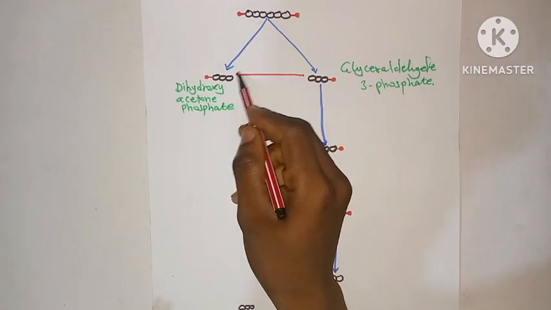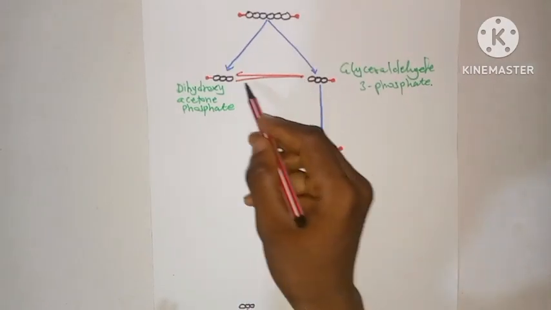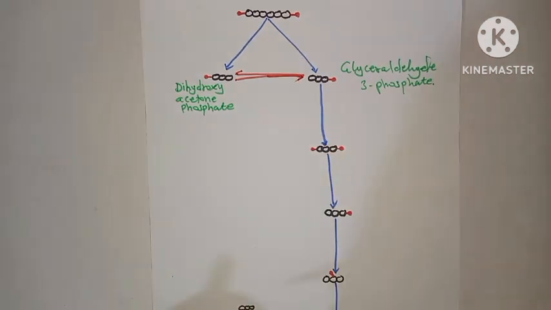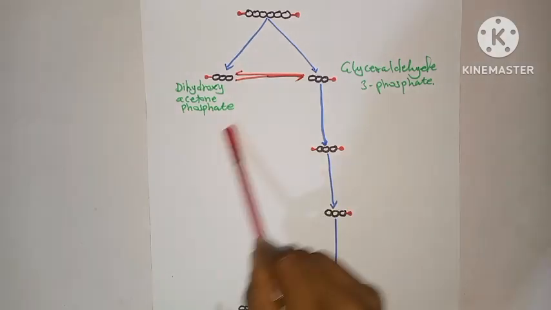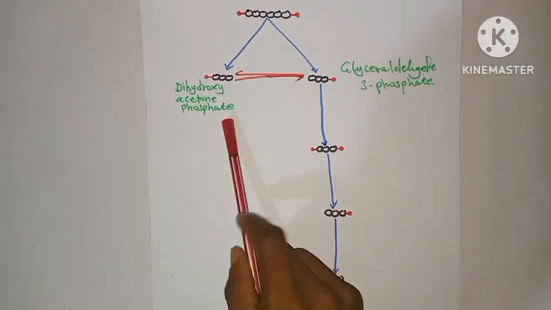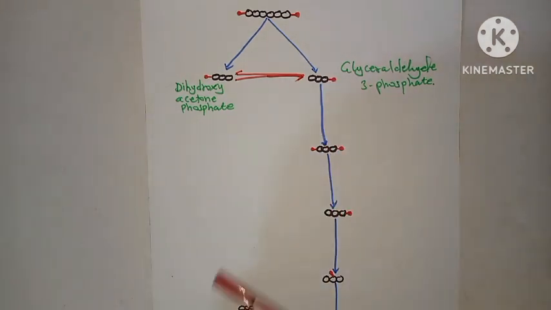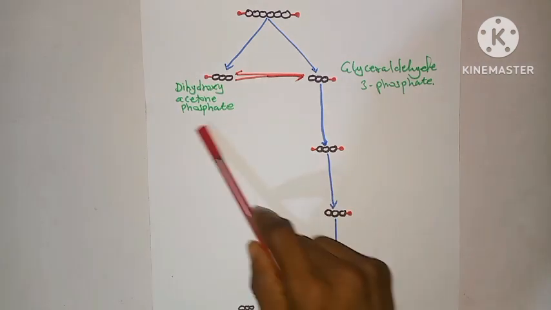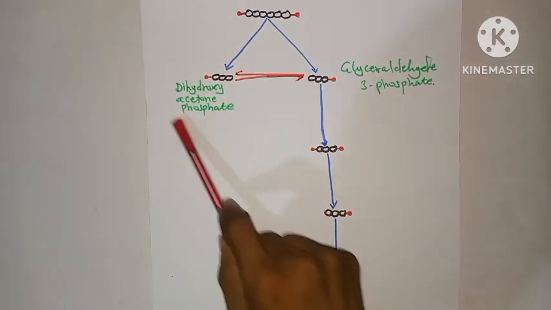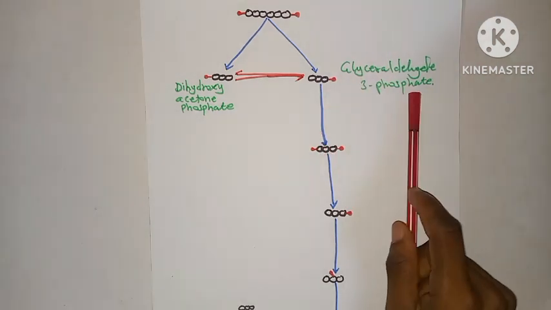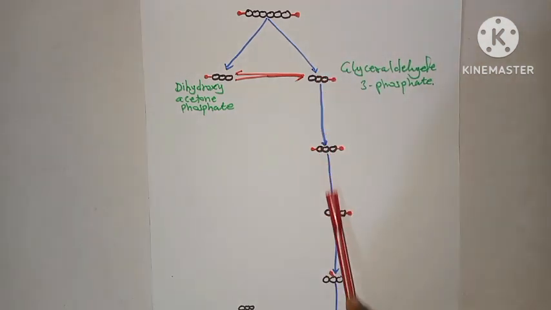And this is an irreversible reaction. This dihydroxyacetone phosphate is not utilized in the glycolysis pathway. Therefore, it needs to be converted to glyceraldehyde 3 phosphate in order to go through the glycolysis pathway.